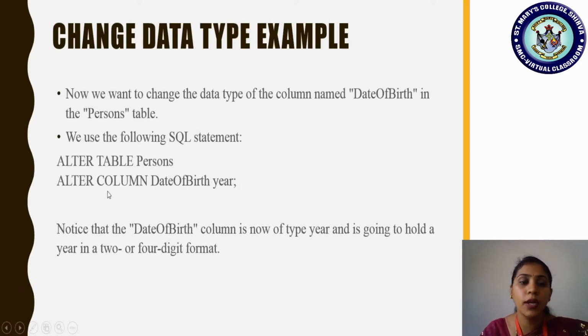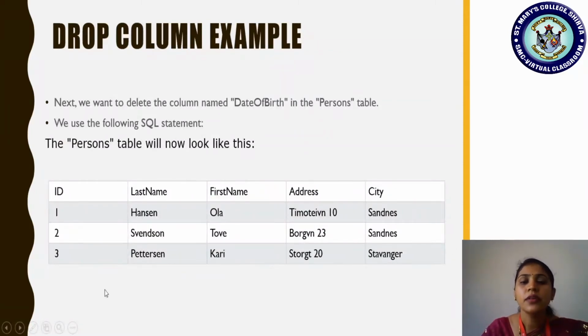So drop column, and the column name, date of birth, we want to remove, so simply use drop column date of birth, that's all, no need to mention the data type. Alter table persons, persons is the table name, drop column date of birth. That is going to make the changes like this, and once you display the table persons, it will display the result like this. Okay.